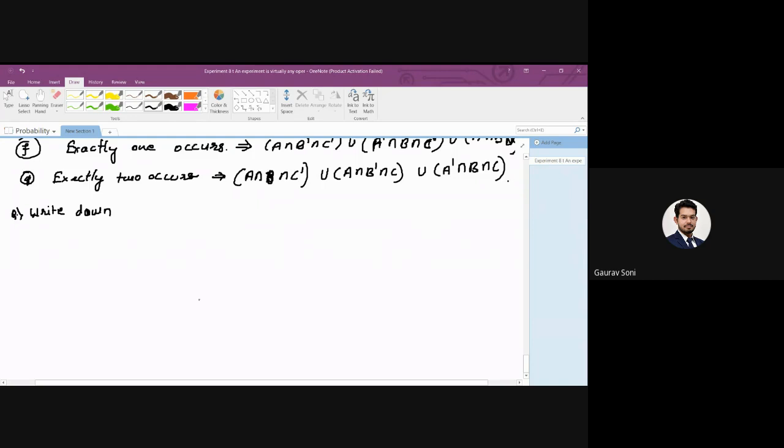Write down sample space for the following. In the following experiments, also state the type.